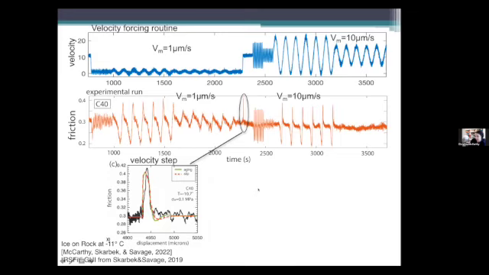And so let me go to a different view of the same data. So again, this was our forcing routine. This is what we were telling it to do by our program, putting it through these paces with the sinusoidal forcing. And this is how it was responding. This is the friction. And what I find rather interesting is that in some cases, it's kind of a one-to-one comparison.